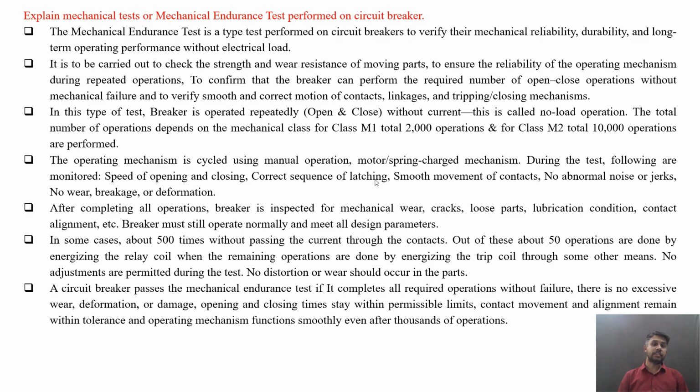In this type of test, the breaker is operated repeatedly, that is opening and closing like this, making and breaking of the contact without current. This is called no load operation.